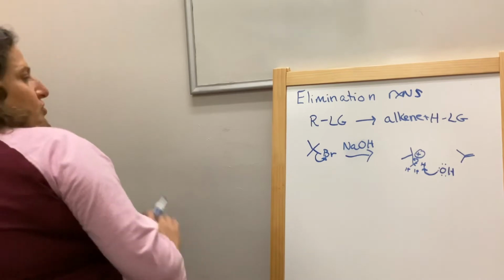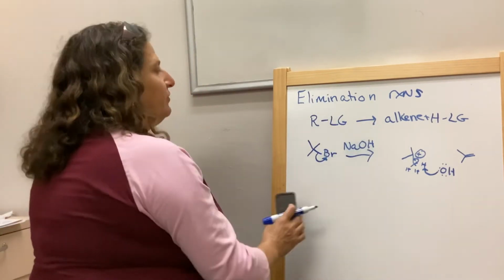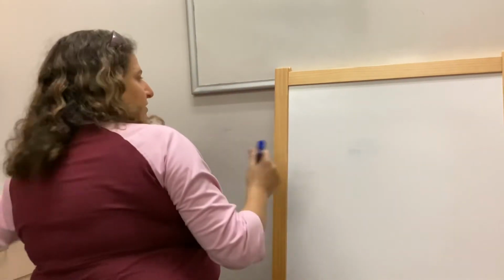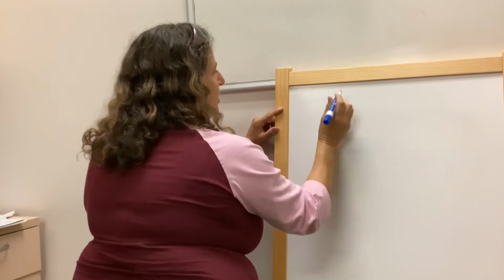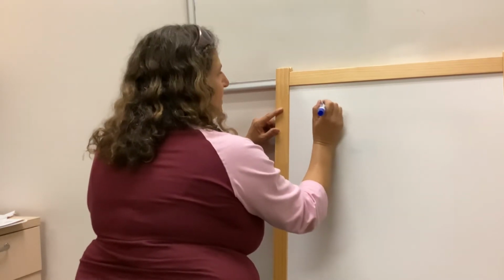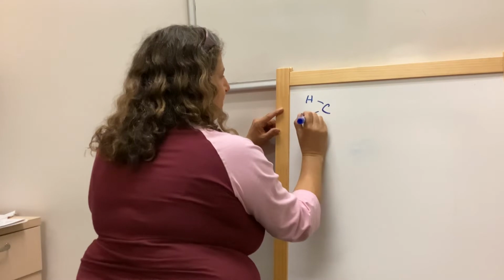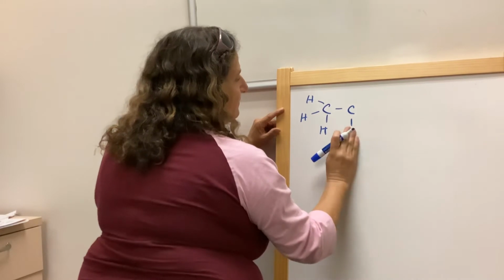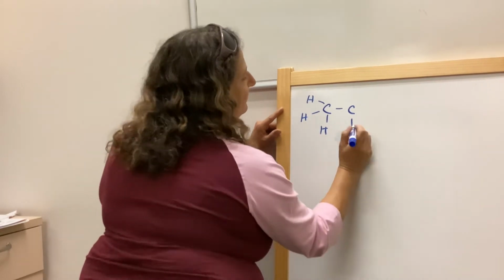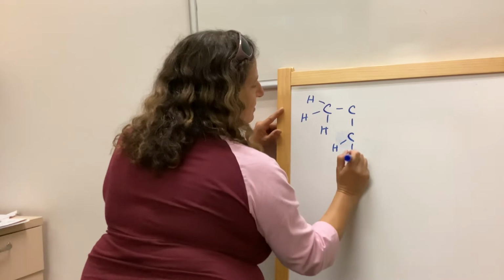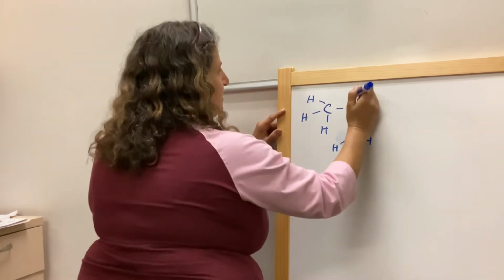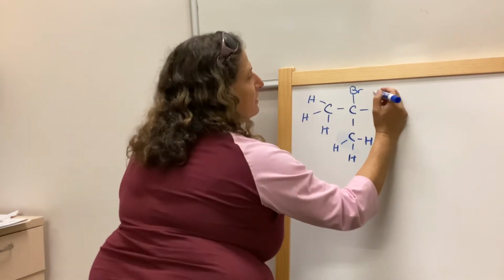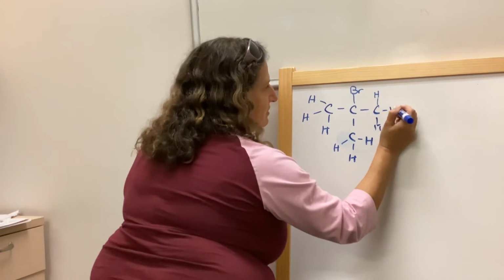Let me do that one more time just to show you what's going on. Erase over here. So in the elimination reaction, I'm going to write the Lewis dot structure for you guys because I think that will be a little bit easier to see. Carbon, C, C, H, H, H. I'll put my bromine here, and carbon, hydrogen, hydrogen, hydrogen.